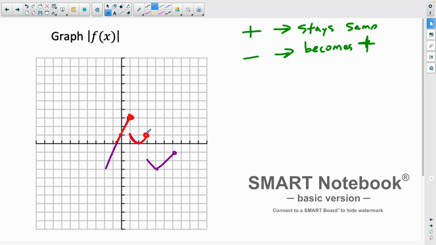They stay exactly the same. Nothing's changing on those. Okay? Now, positive stays positive. The negative becomes positive now. All right? And so this piece right here, this is -2, -3. So -2, -3, the -3 is going to become positive, so it's going to go up here. And so if I connect that, that's what that would look like.